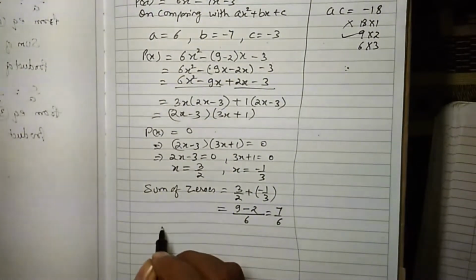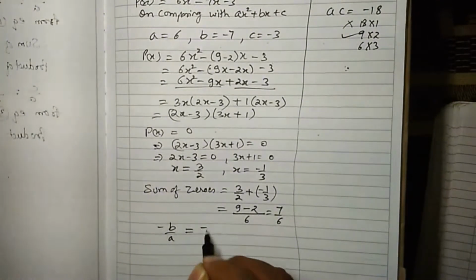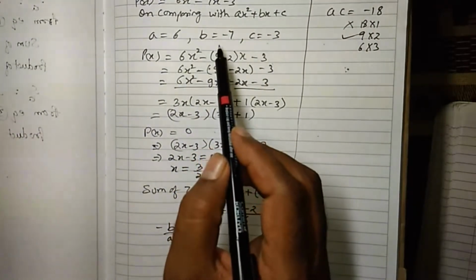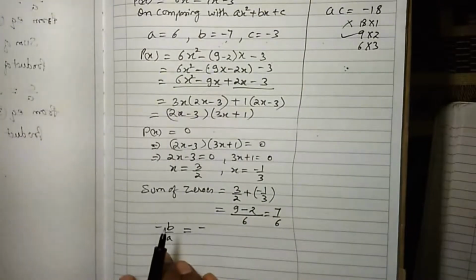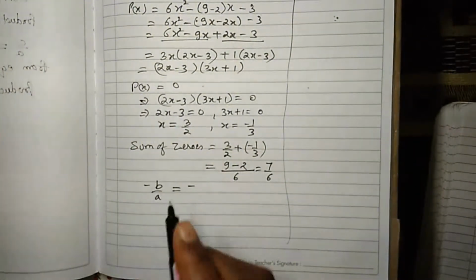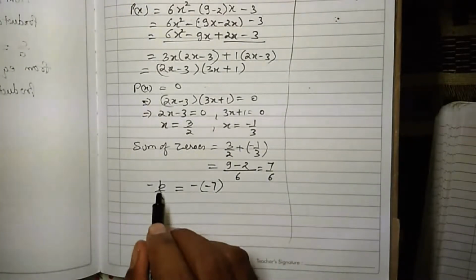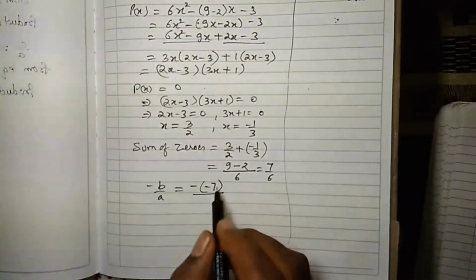Now if you look at minus b upon a, what you will get? Minus b is, you can see that b value is minus 7. So just put minus 7 at the place of b, and a is 6.